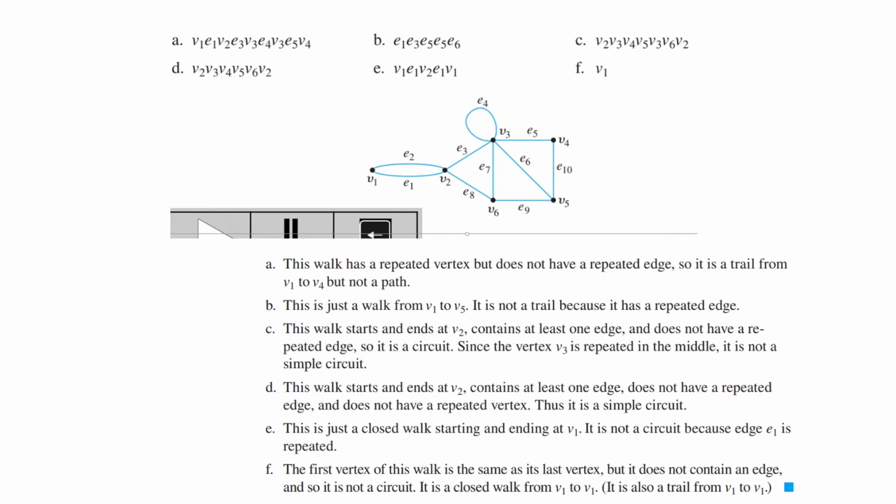D is a simple circuit. E is a closed walk, but it's not a circuit because the edge E1 is repeated. And finally, F is not a circuit, it is a closed walk, and it's also a trail.